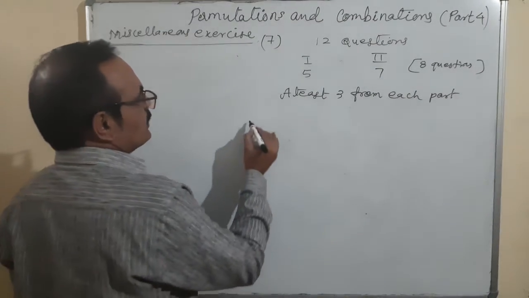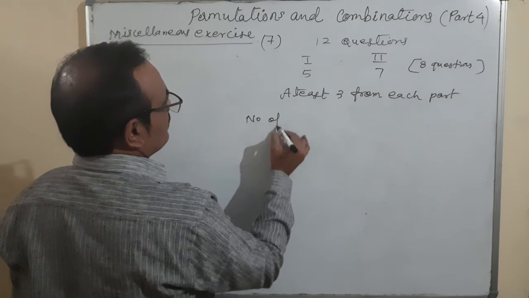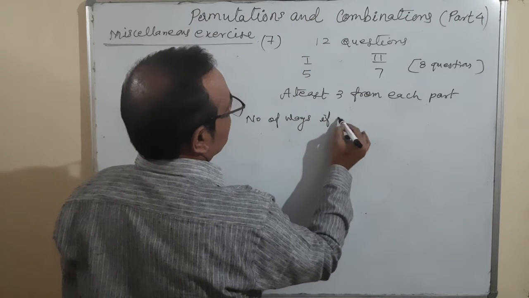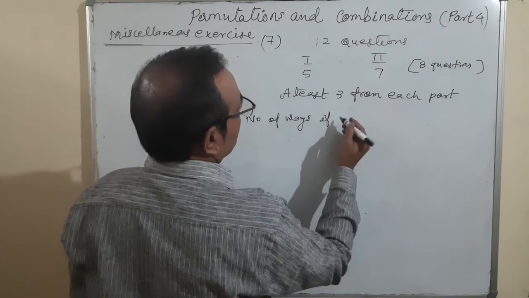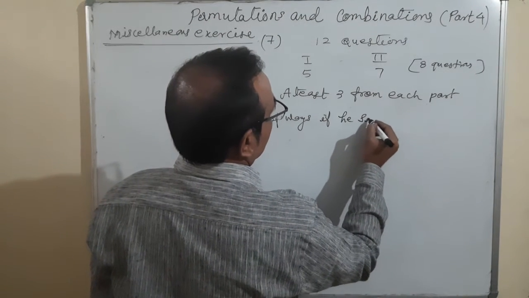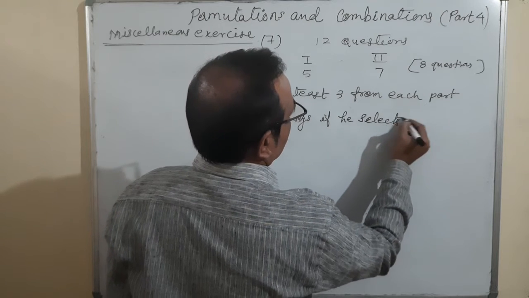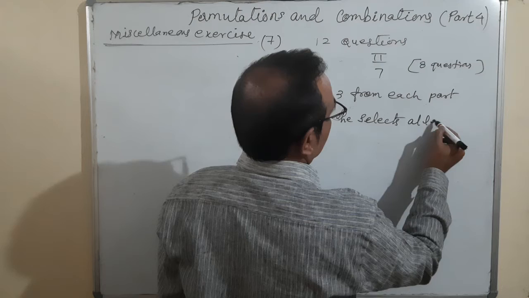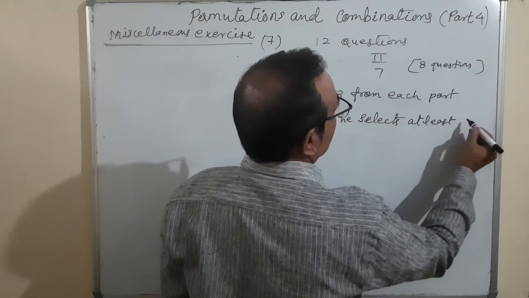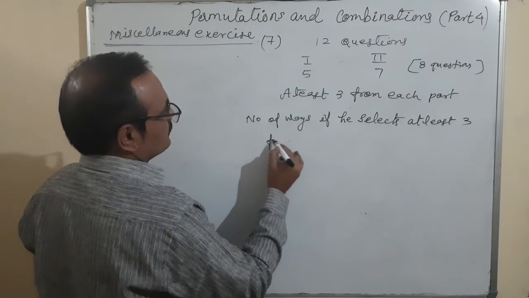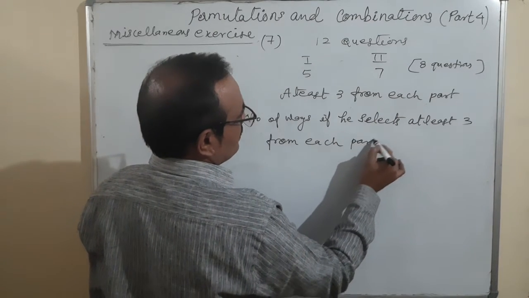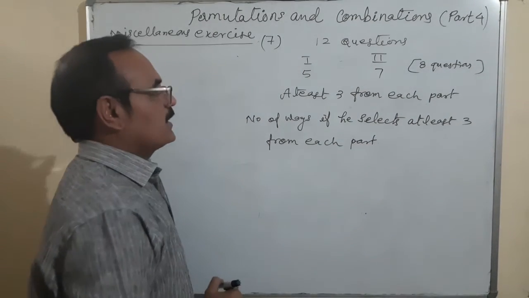Okay, so the total number of ways if he selects at least 3 from each part.